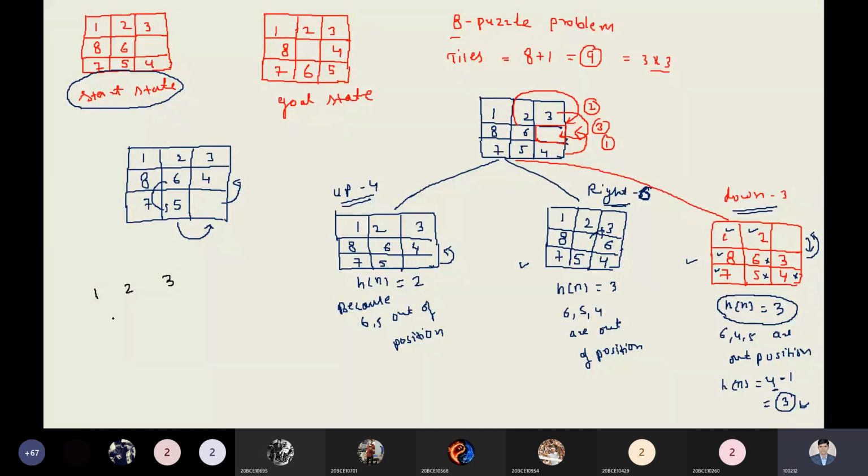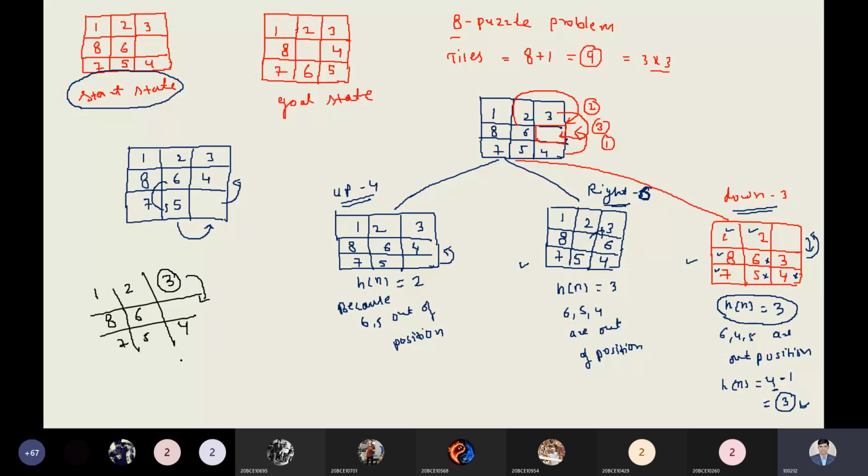This one, and 8, 6, and 7, 5, and 4. This is our start state we have given, and I'm choosing the 3 down over here. You can do that, but if you are shifting the 3 down, you are changing the order, so that makes no sense.